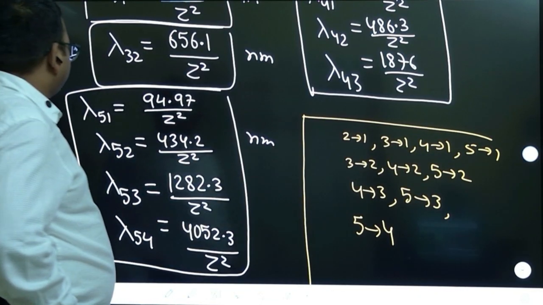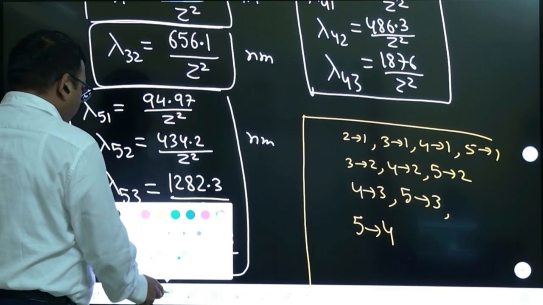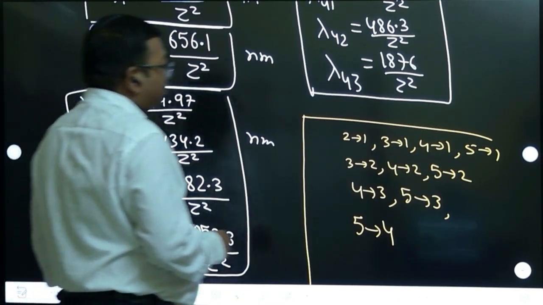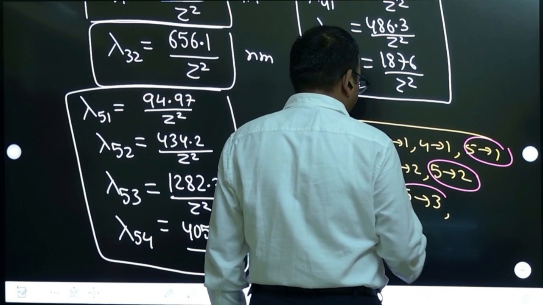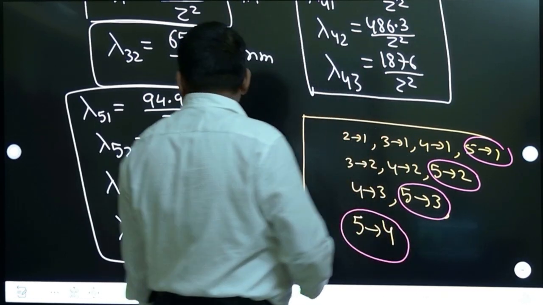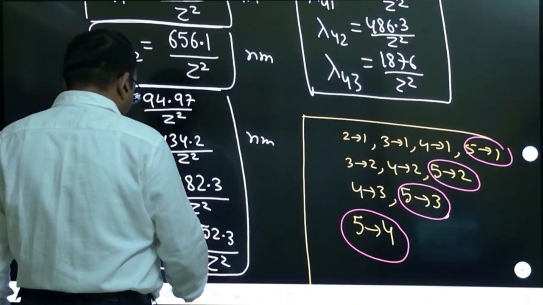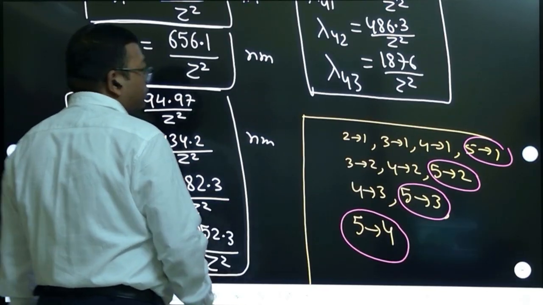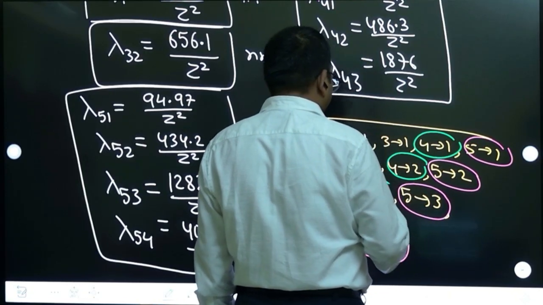Here I have taken starting from 5: 5 1, 5 2, 5 3, 5 4, these are the 4. Previously I wrote starting from 4: 4 1, 4 2, 4 3.